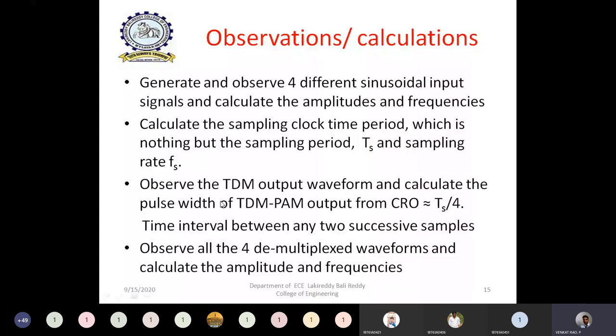Next, observe the TDM output waveform and calculate the pulse width of the TDM output. Pulse width means the time interval between any 2 successive samples. So you can calculate it by looking at the CRO screen, the time gap between any 2 successive samples.